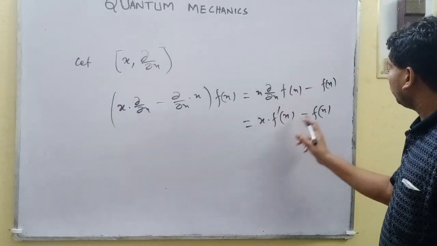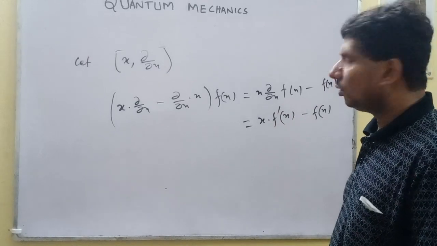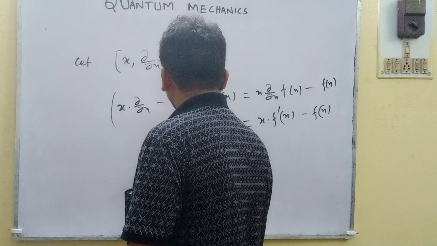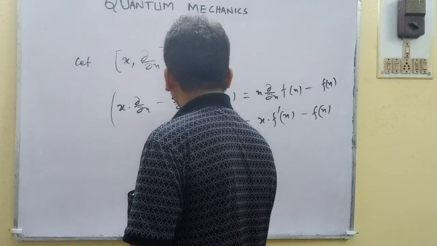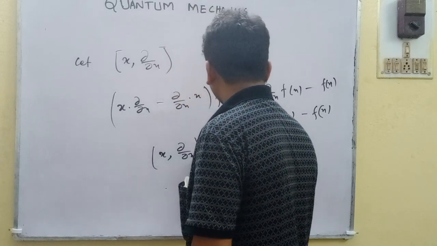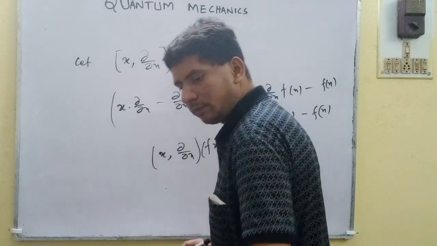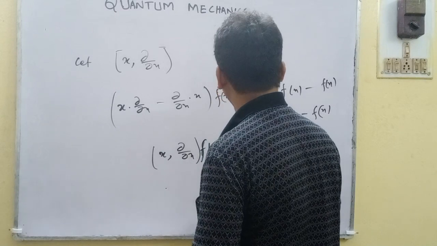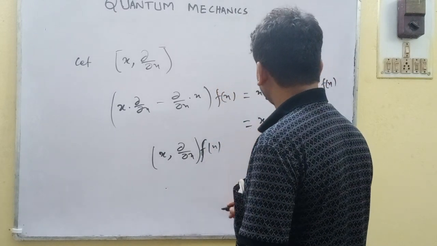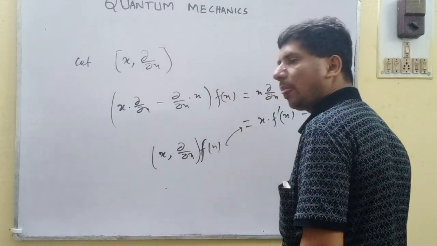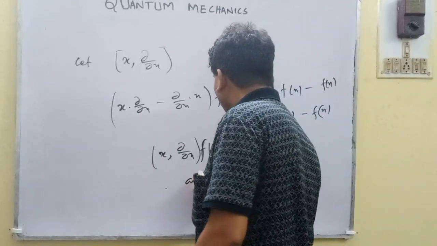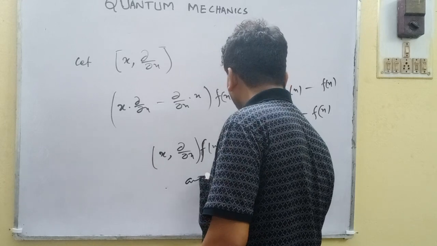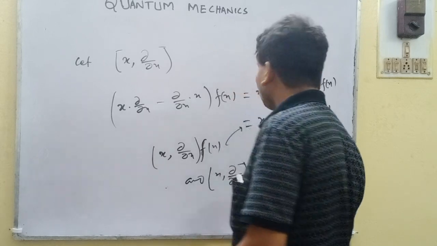Here this is not cancelled out. So del x, del x, f x, sorry, f x, x equal to this, and x del x not equal to 0.